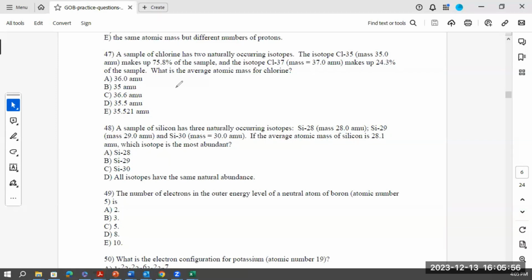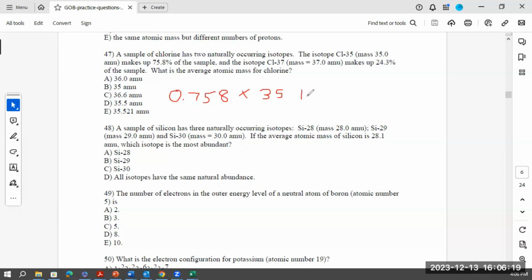So we're going to go 0.758. And then we're going to multiply that times 35. Okay.